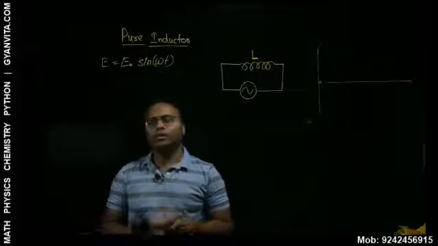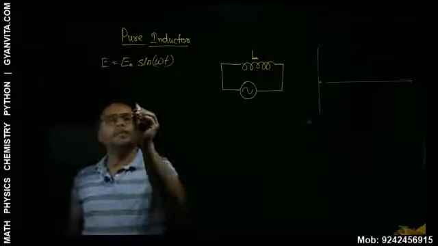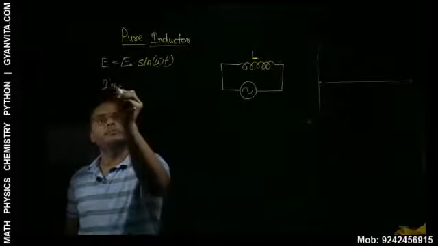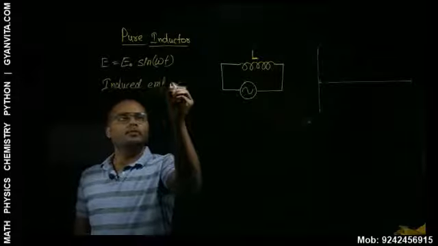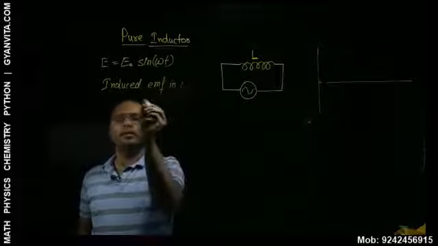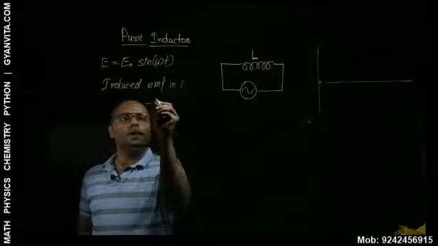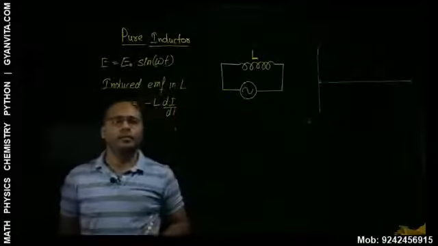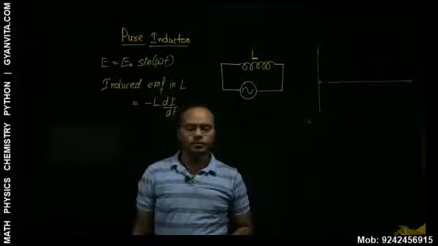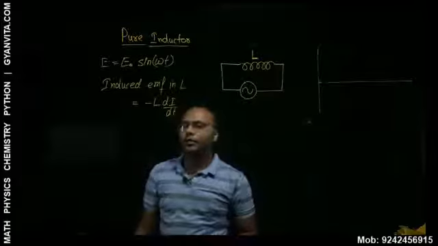So what is that induced EMF in the inductor? Induced EMF in the inductor is equal to minus L di divided by dt. This is something which we already know. The same thing I have written here.